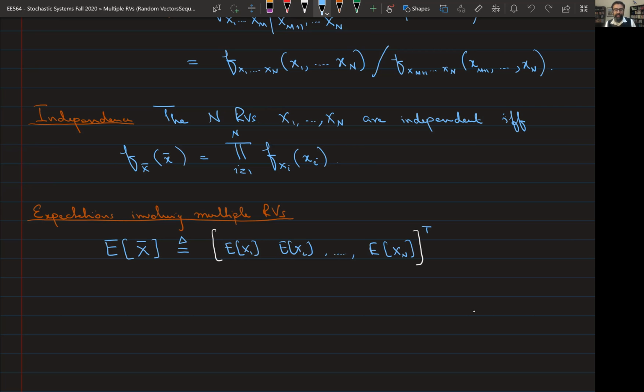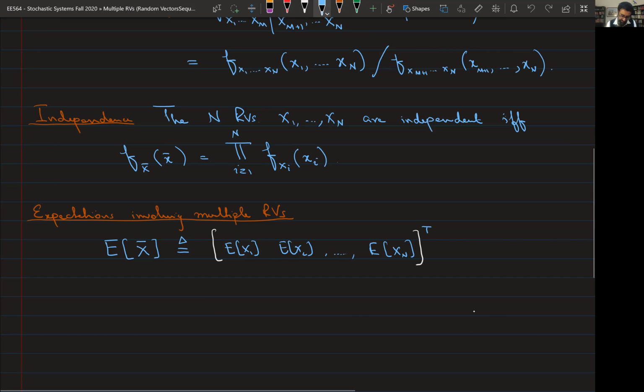So if I have a random vector x1 through xn and I ask what the expectation of this random vector is, this results in another vector that contains the expected values of each of those individual random variables put together. That's what this notation means.